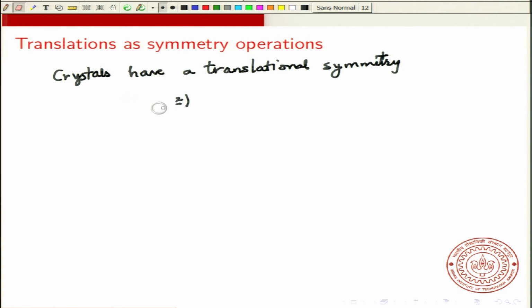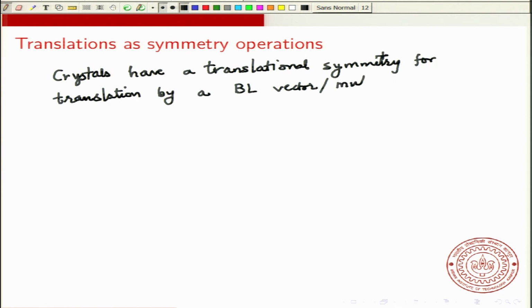If you translate by a Bravais lattice vector, which in some cases can be the unit vector of the crystal, the primitive translation vector, or a multiple of the primitive translation vector.